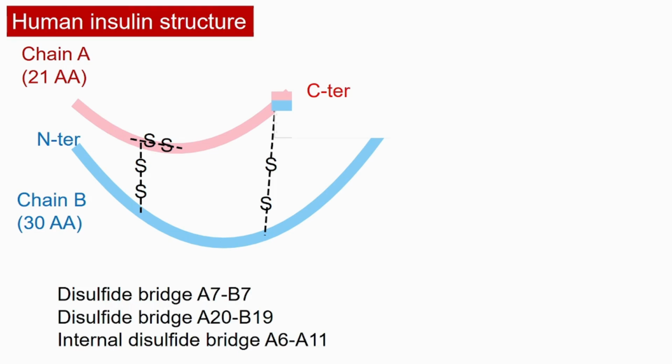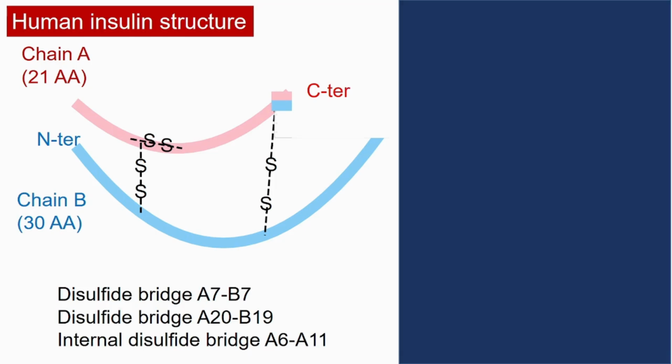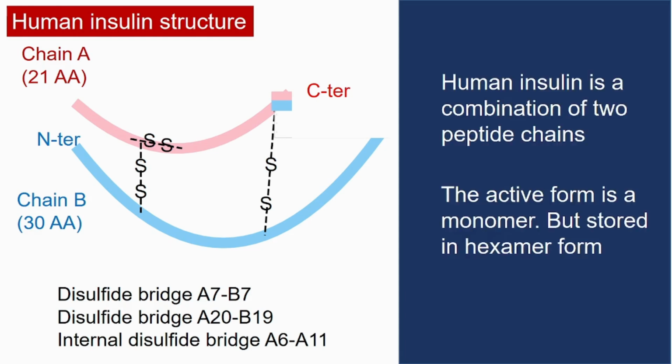These two chains are linked by two disulfide bond bridges, and there is also an internal disulfide bond bridge. The active form is the monomer. However, at room temperature, this monomer turns into the hexamer form of the insulin.